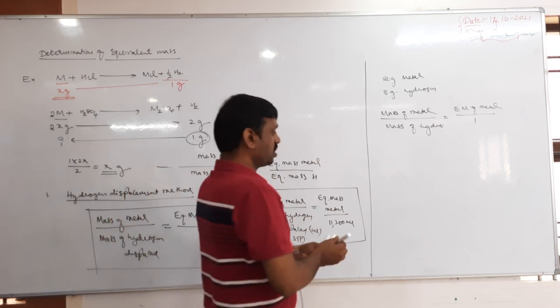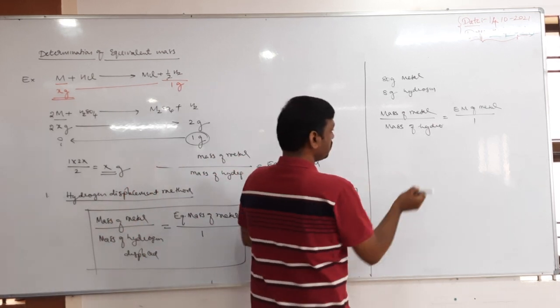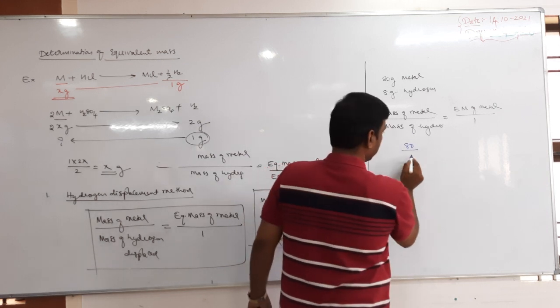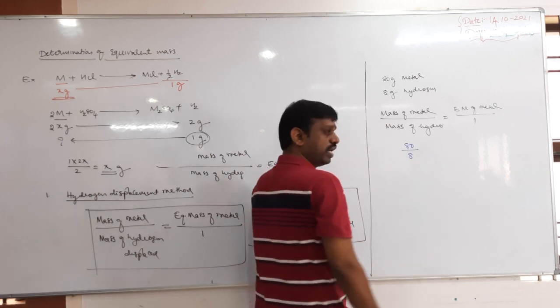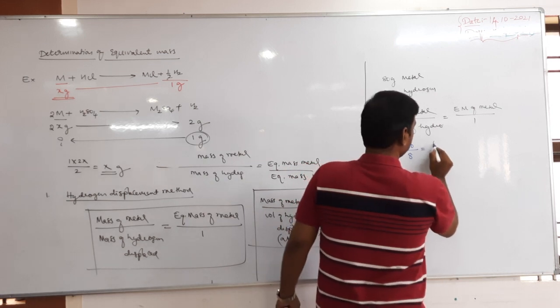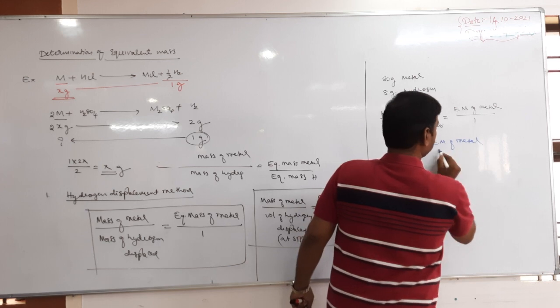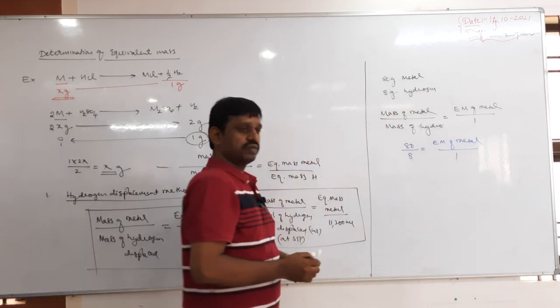The mass of the metal given is 80 grams, which can displace how many grams of hydrogen? 8 grams, which equals the equivalent mass of metal divided by 1, nothing but 10.